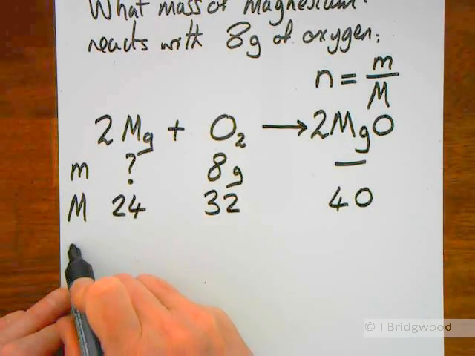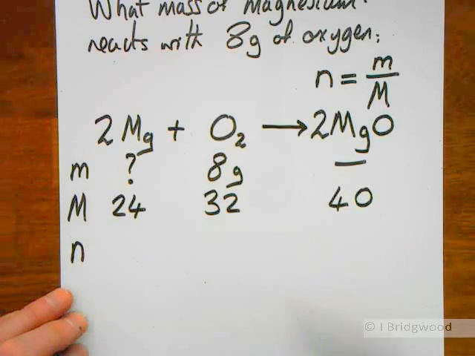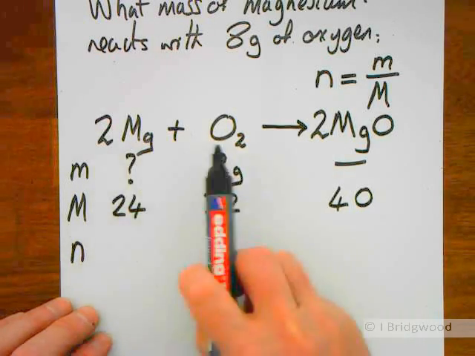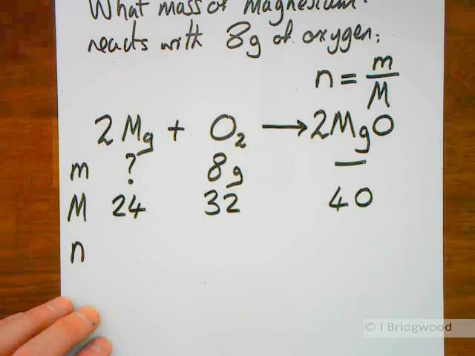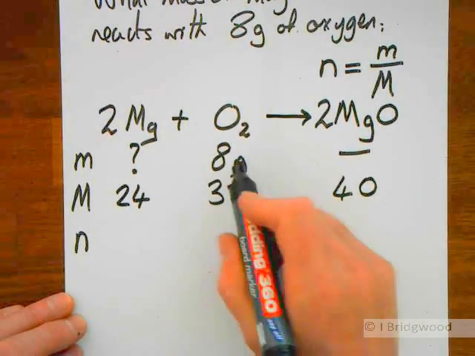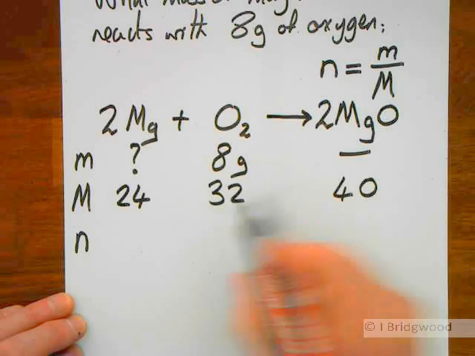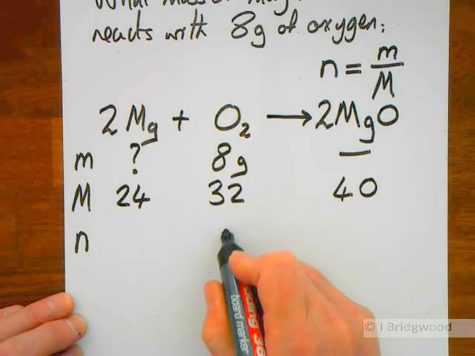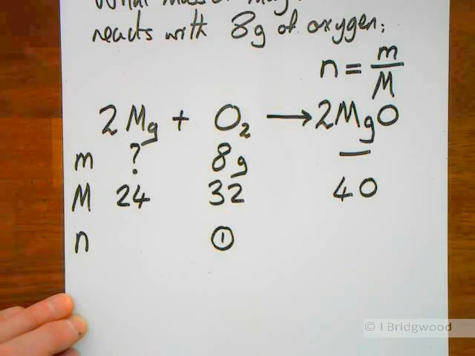The thing that connects all things in our balanced equation, of course, is the number of moles. We've got a 2 to 1 to 2 molar ratio. With that information, we can therefore work a strategy out for this calculation. Firstly, we've got 2 of the 3 variables for oxygen, so we can work out, to start off with, the amount of oxygen.